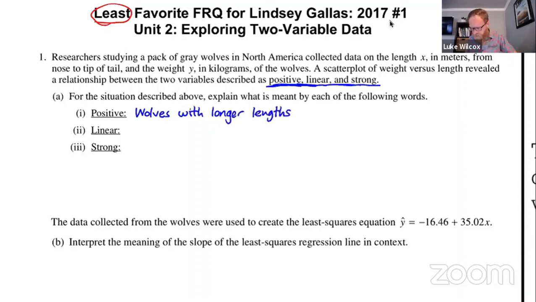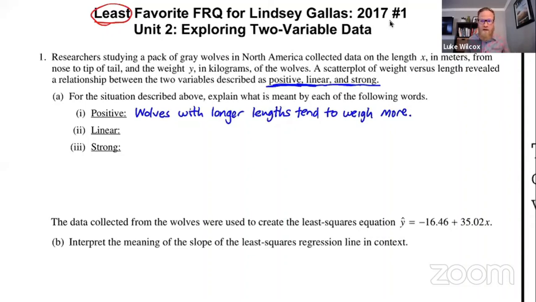That's the X value increasing, tend to be paired with values of Y that are larger. In this case, they're weights. So I'm going to say tend to weigh more. So the longer the wolf is, the more we expect the wolf to weigh. That's the positive relationship.